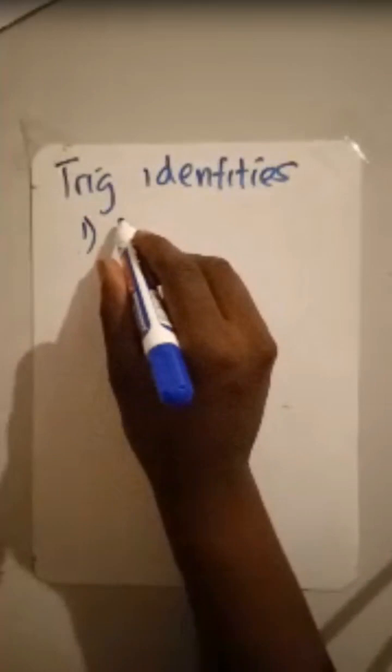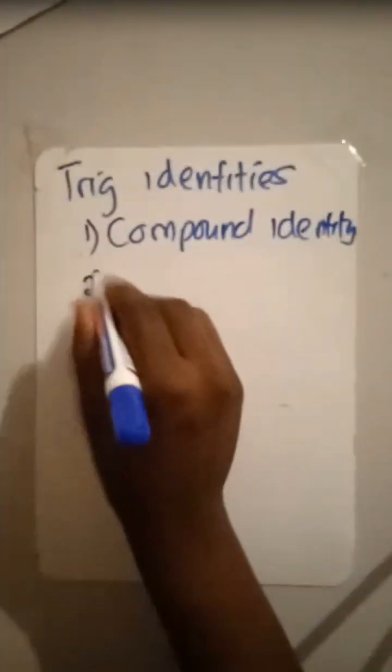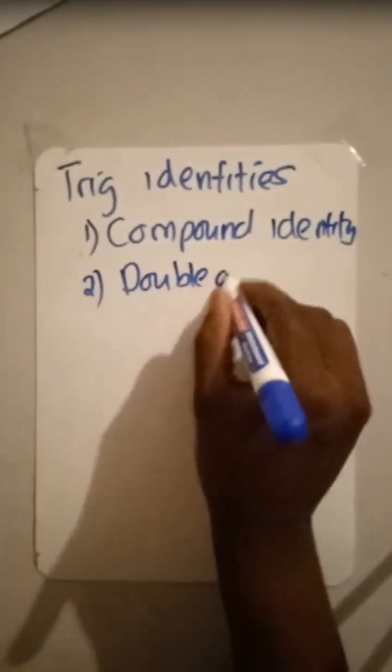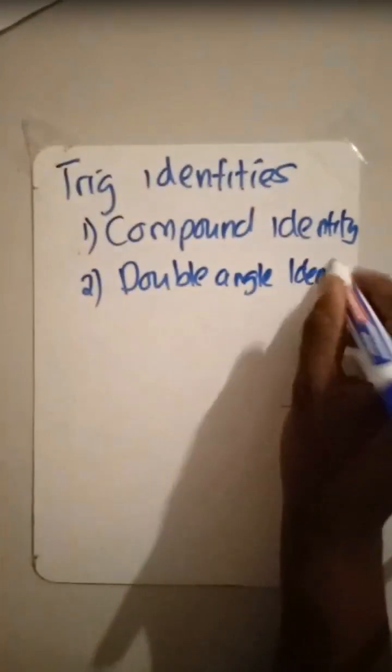We are going to look at number 1, the compound identity, and number 2, the double angle identity. So these are the identities for grade 12.